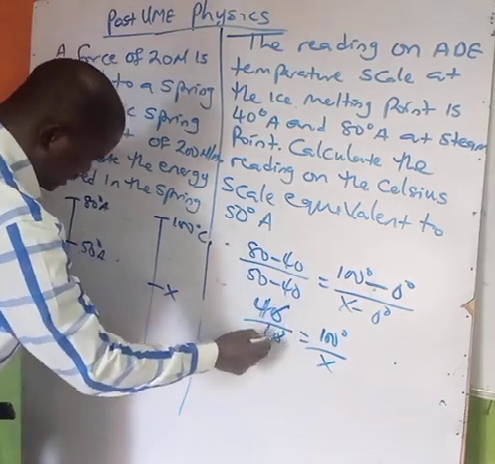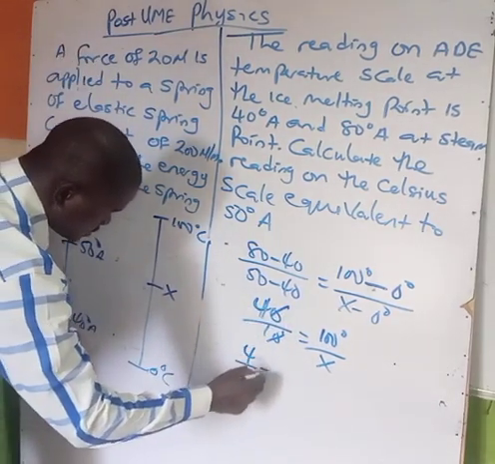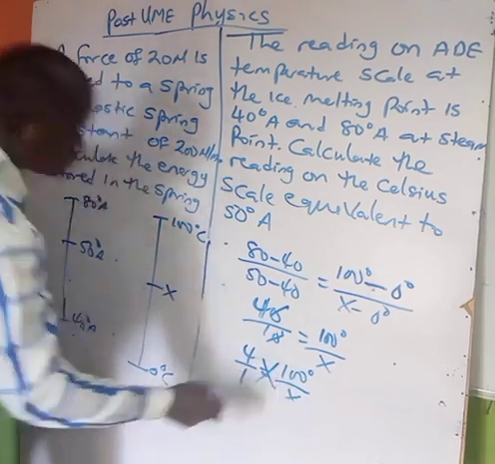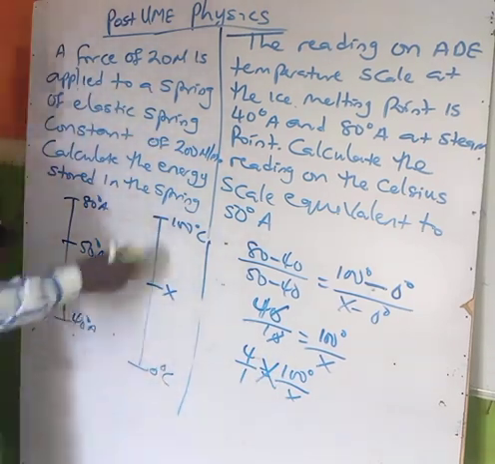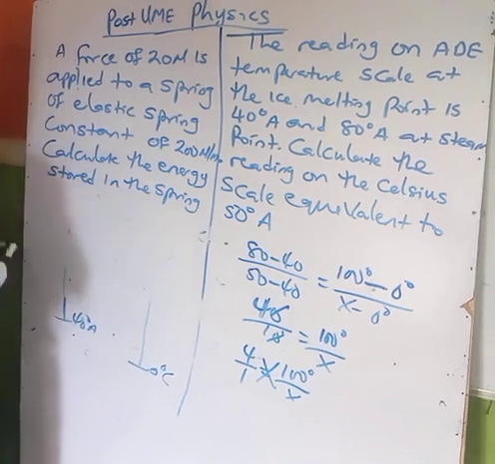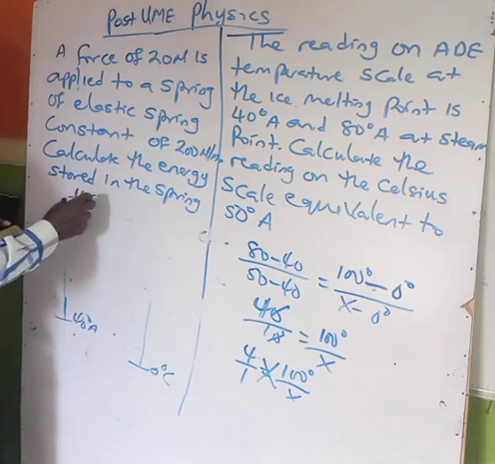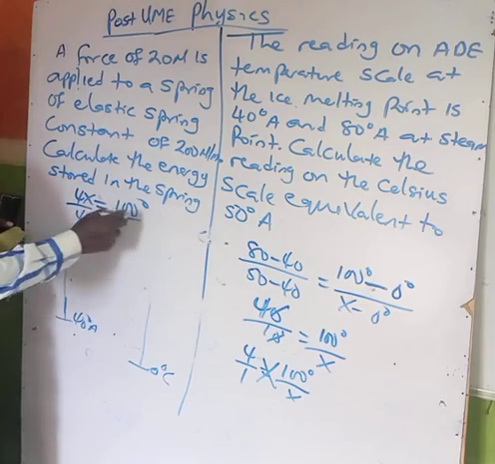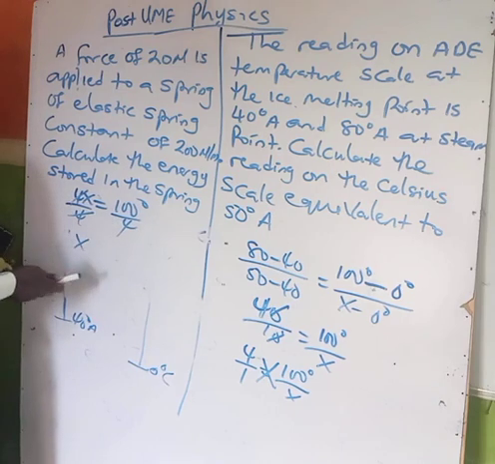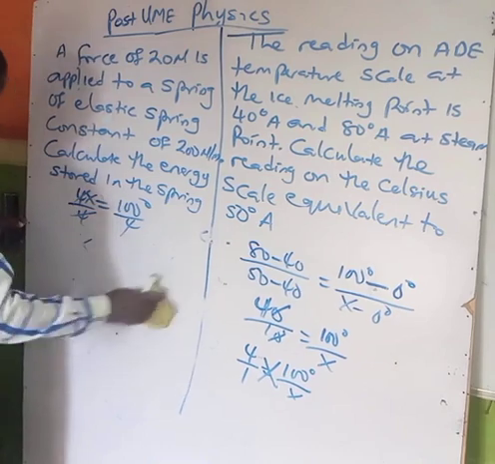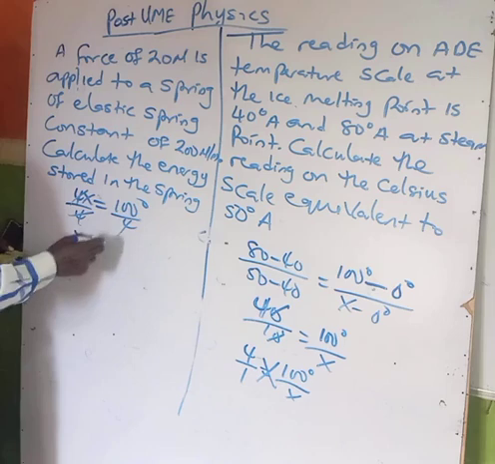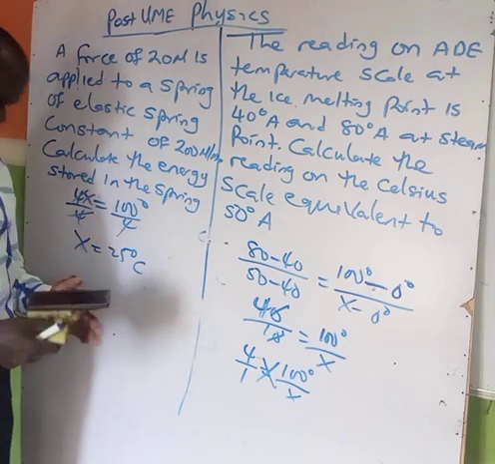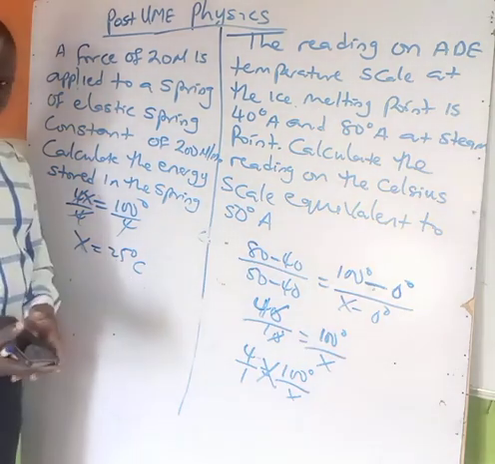This can cancel, so you will have 4 over 1 equal to 100 degree over x. If you cross multiply, you have 4x equal to 100 degree Celsius. You divide both sides by 4, and you will have 25 degree Celsius. That is, 50 degree A is equivalent to 25 degree Celsius.